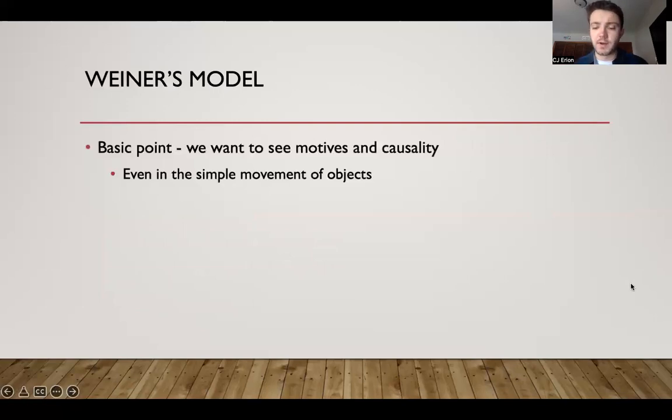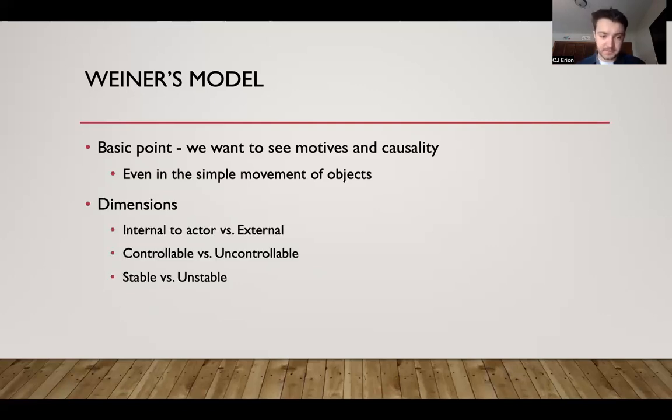So Weiner's model, the basic point is that we as humans want to see motives and causality. We want to have a good idea of what was going on. We want to be able to explain why other people and ourselves behave the way that we do. And we do this even when we're watching a video of just some objects moving around.